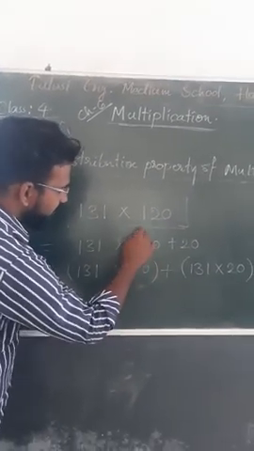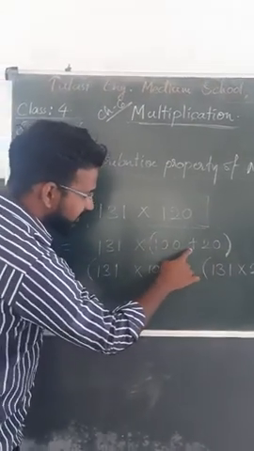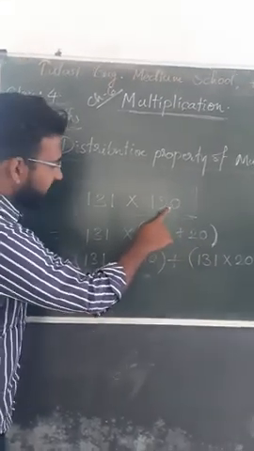I change it as 100 plus 20. You know that it is a plus, not a multiplication symbol here. 100 plus 20, 120.